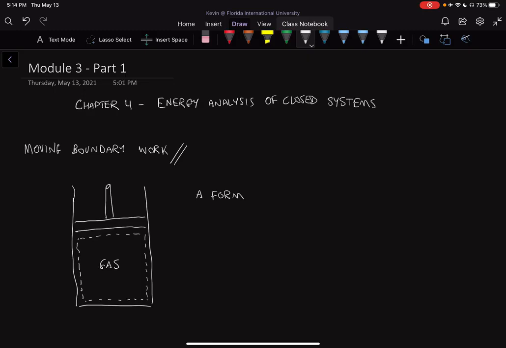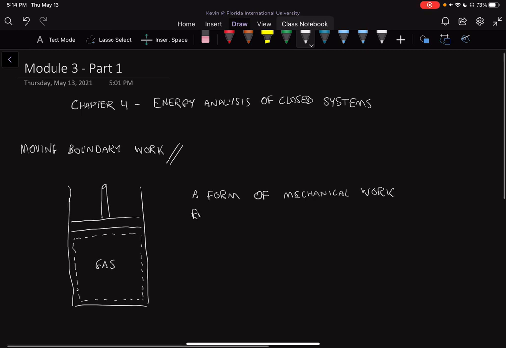So I'm going to write down the definition so everybody has it, but it is a form of mechanical work frequently encountered in practice. So we see this in a lot of different situations.